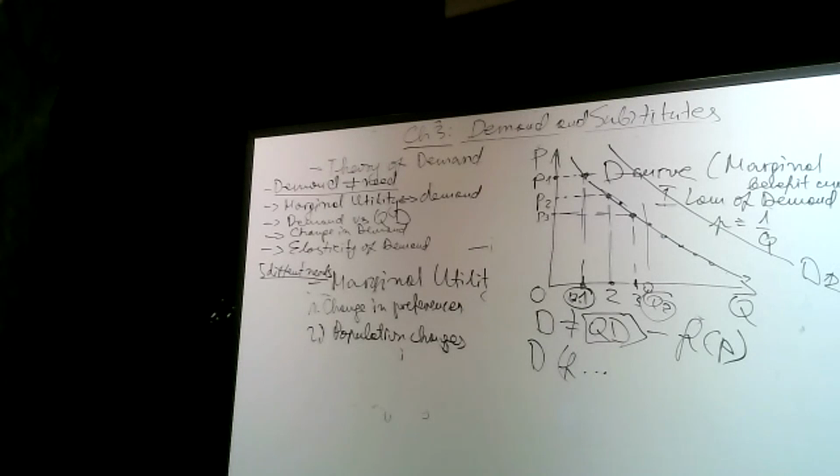There's another thing. What's going to happen to the demand for margarine if the price of butter increases dramatically? What do you think? Or what's going to happen to the demand for orange juice if the price of apple juice increases dramatically?